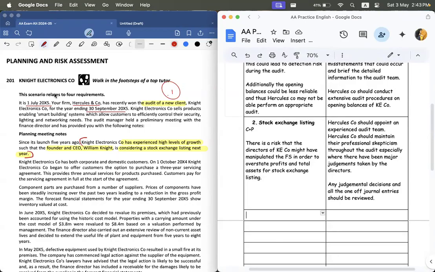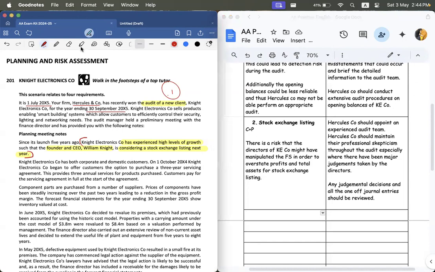Next, we are going to dive into the standards. Let's see. Knight Electronics Company has both corporate and domestic customers. On 1st October 2004, Knight Electronics Company began to offer customers the option to purchase a 3-year servicing agreement.